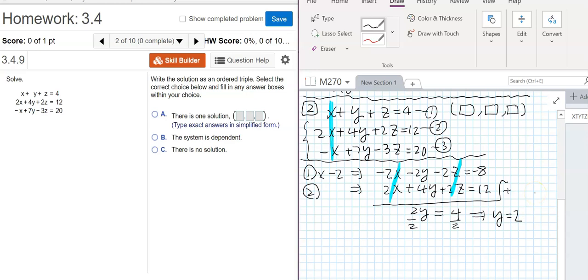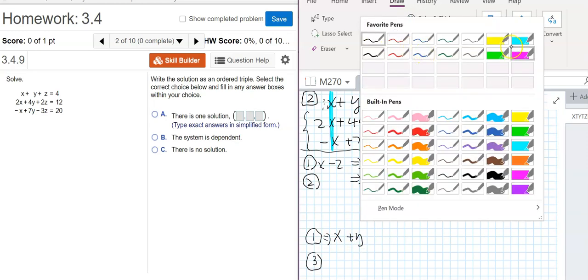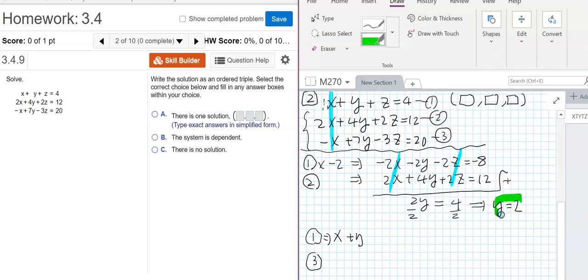Okay, so now you plug in y equals 2. Now I'm doing equations 1 and 3. Why? Because I have 1x, and 3 has -1x. So I just copy equation 1 here: x + y + z. Now y is 2, by the way, so we can use it.